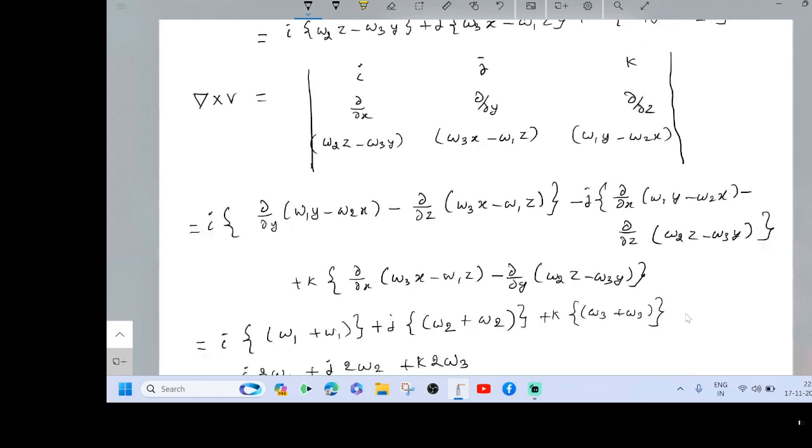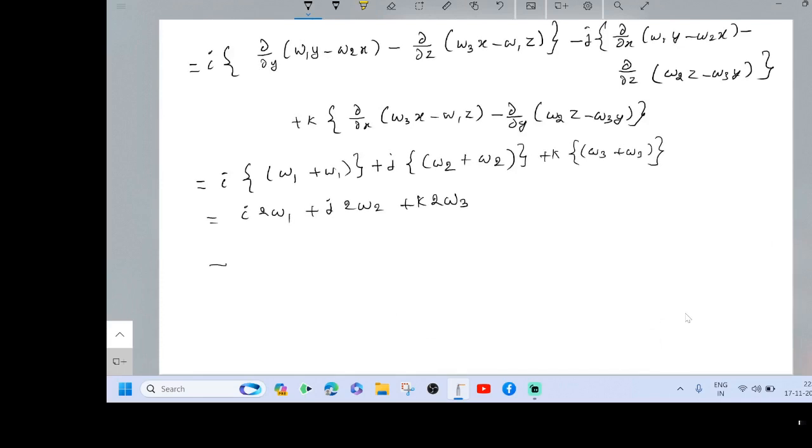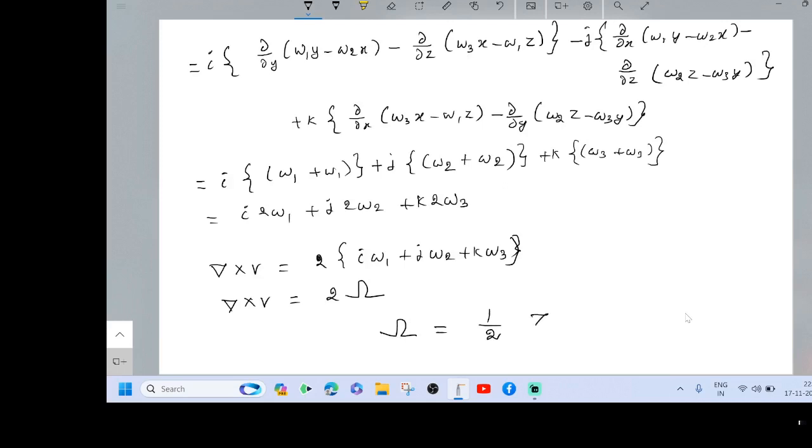Here the left hand side is curl v. Del cross v equal to 2 into i omega 1 plus j omega 2 plus k omega 3. This is our capital omega. So curl v is 2 times capital omega. Therefore, angular velocity omega equal to 1 by 2 curl v.